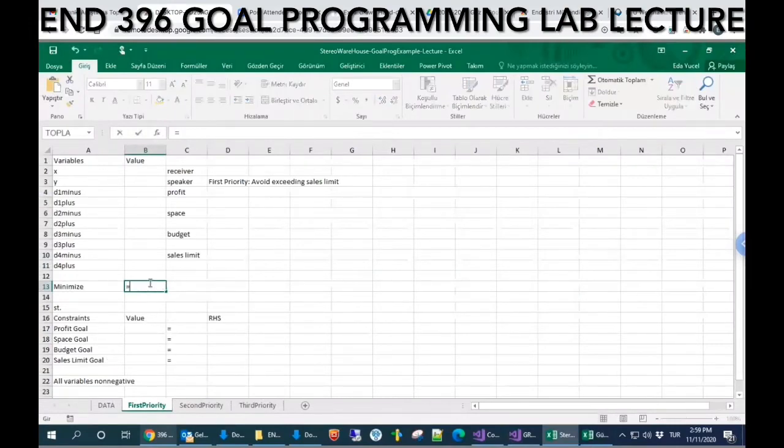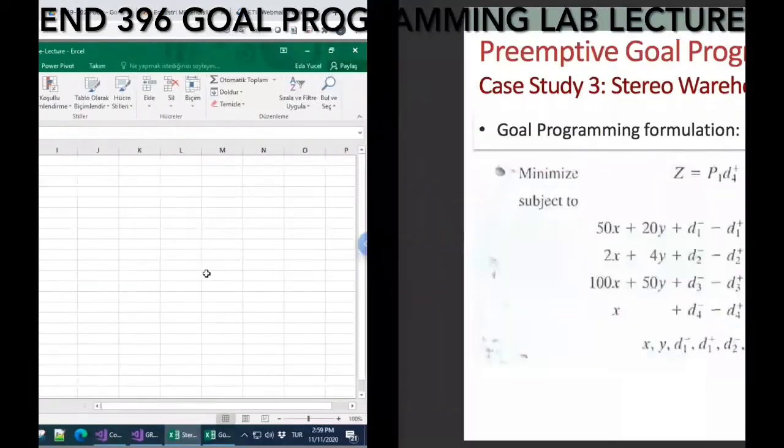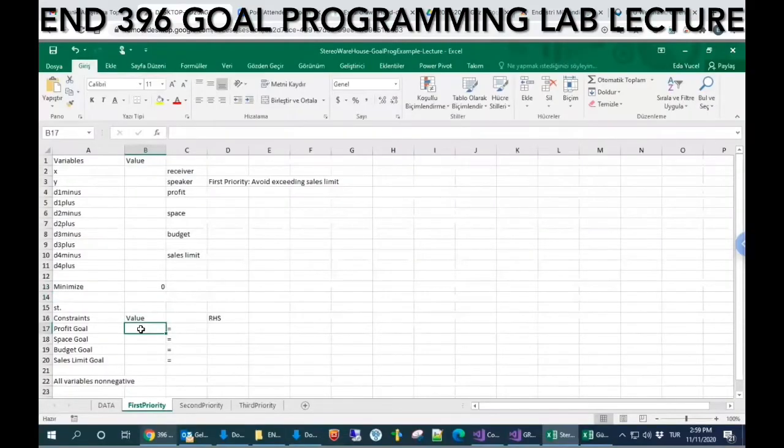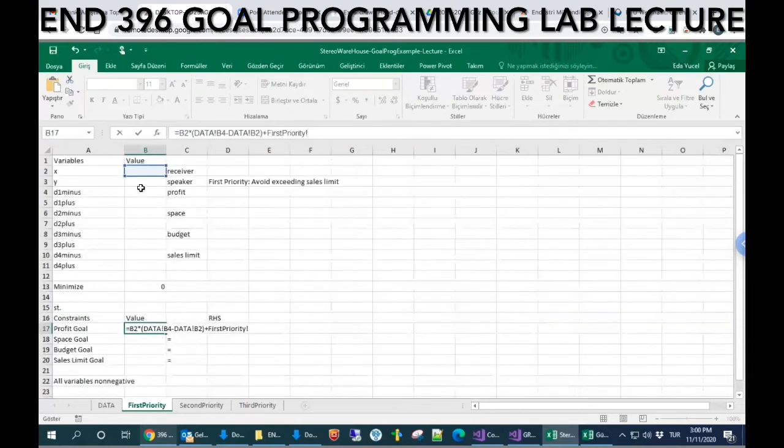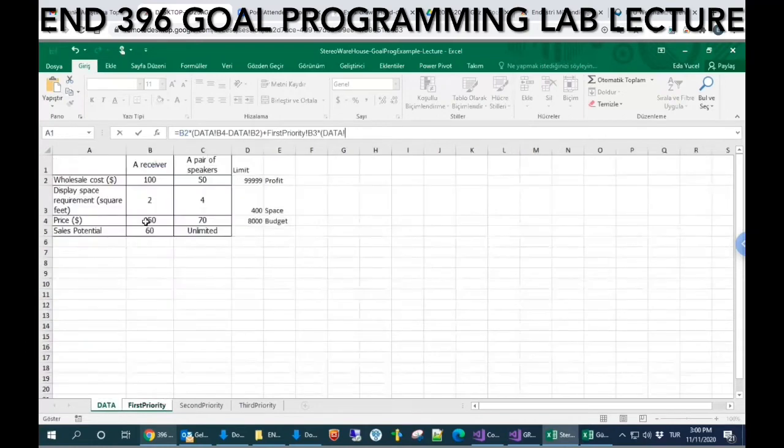Okay, so this should correspond to D4 plus. And then we should write our profit goal: number of X receivers times its price minus wholesale cost, plus number of Y speakers times its price minus wholesale cost, right?